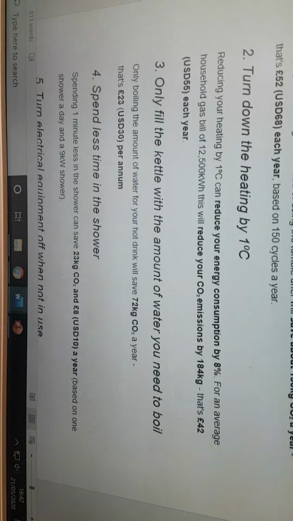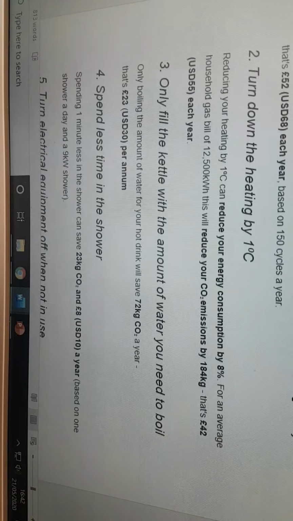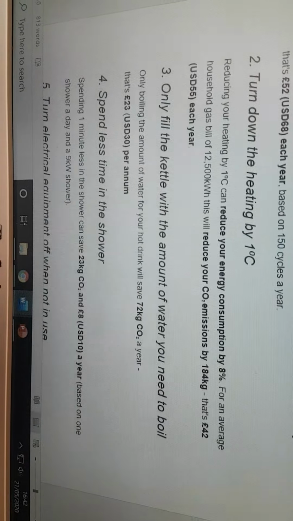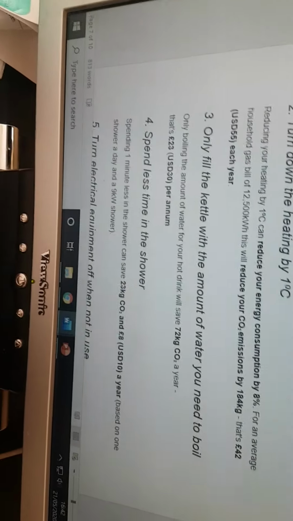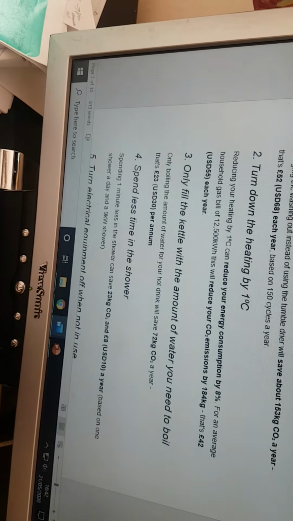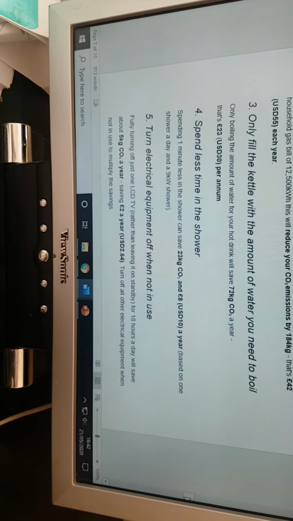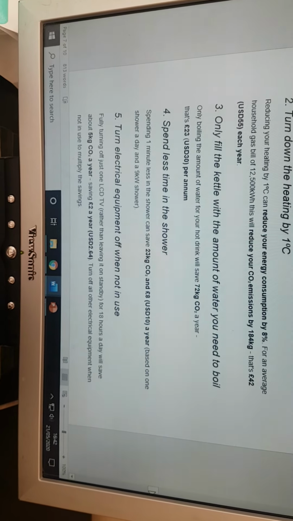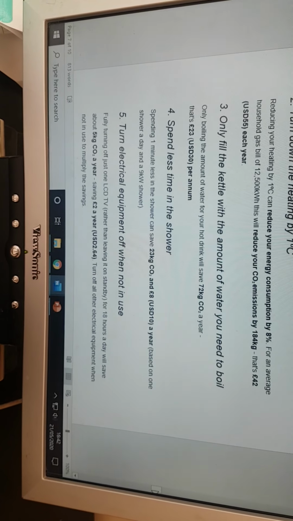Now it's at 21 degrees. People often sit around in a t-shirt in their own house and whack the heating up; put a sweater on and turn it down. Other things: less water in the kettle, less time in the shower, turning electrical equipment off.